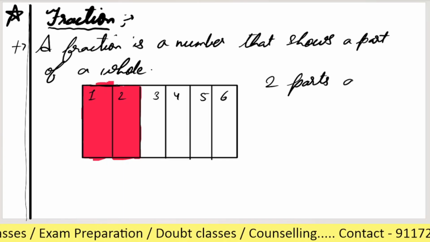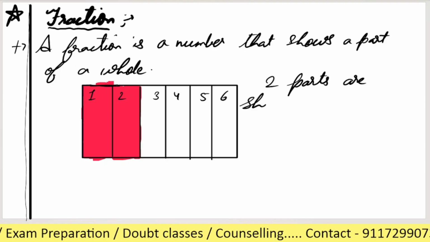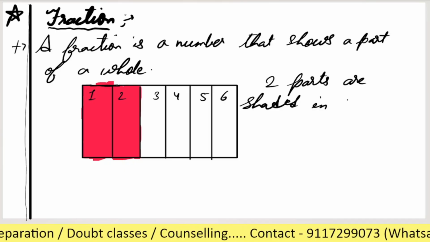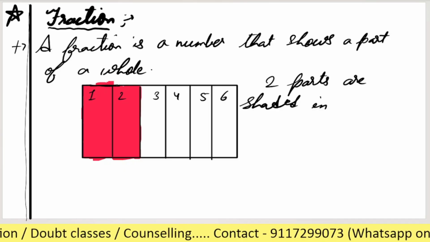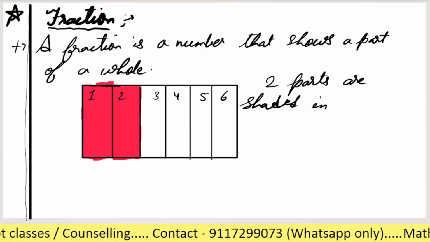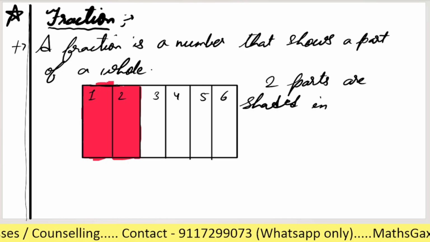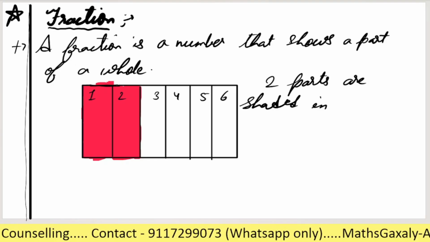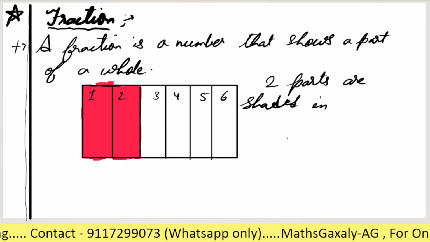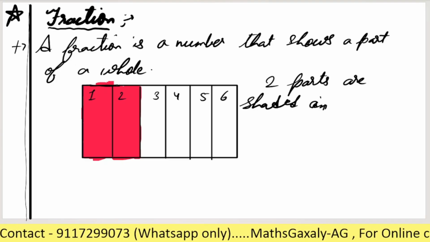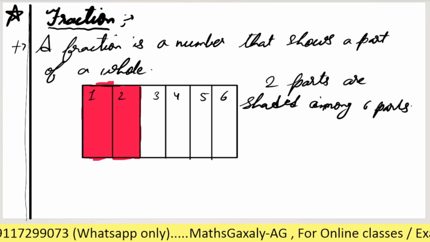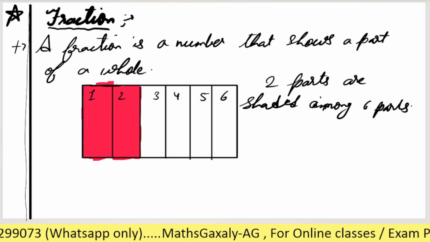Two parts are shaded, two by six in fraction. But in a statement, we can say two parts are shaded among six parts, right? So as you can see here, the total number of parts, Ethan, is six.